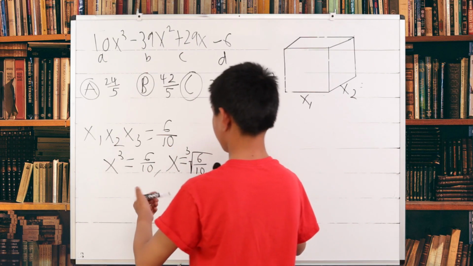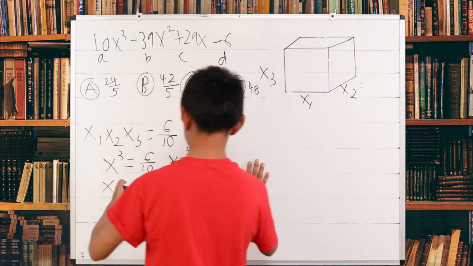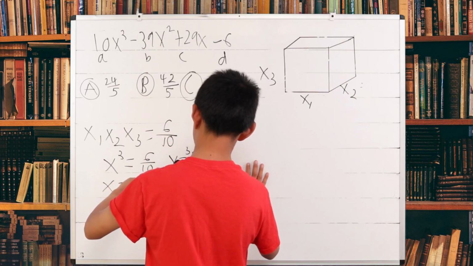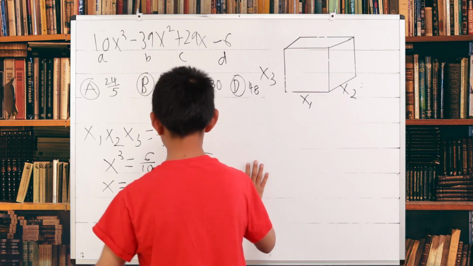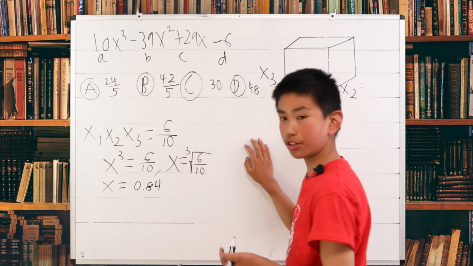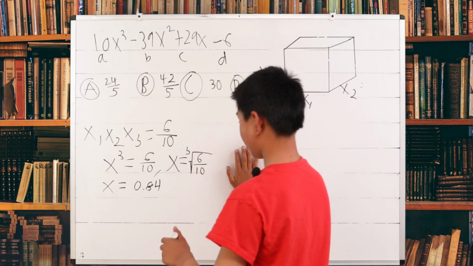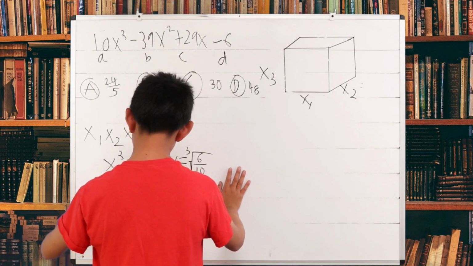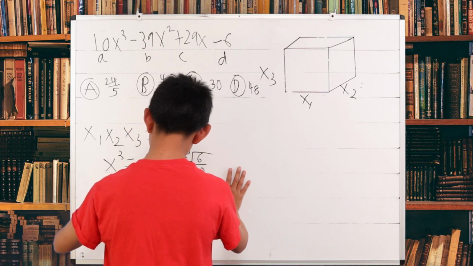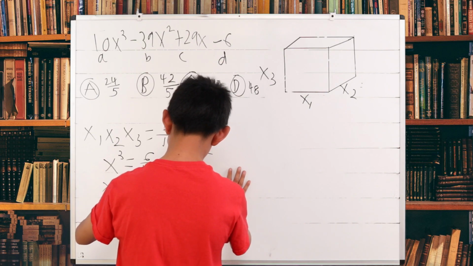So x is equal to 0.84. You need to memorize that. Now, we want to add 2 in the original constraints. So 0.84 plus 2 cubed.